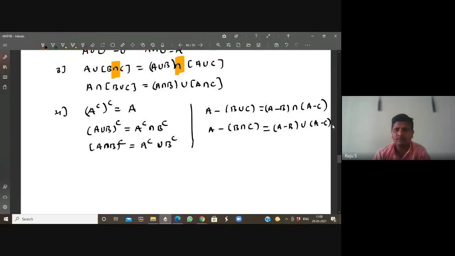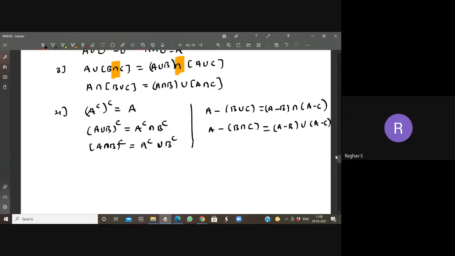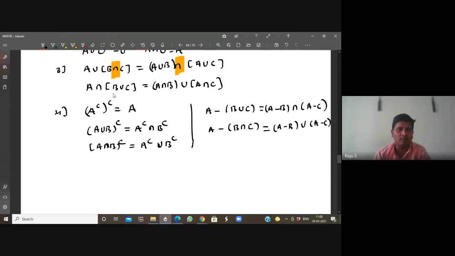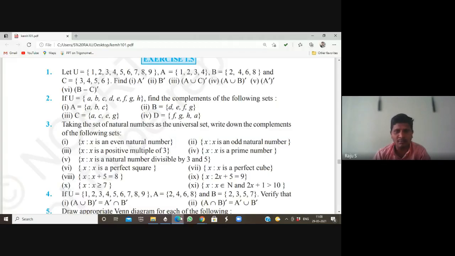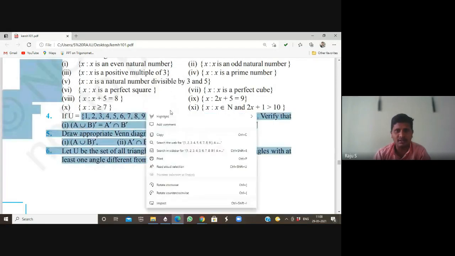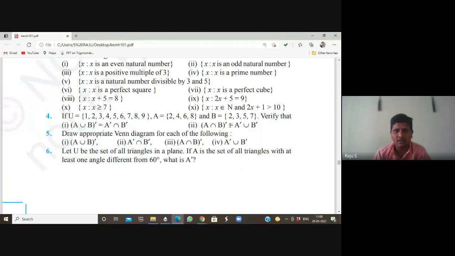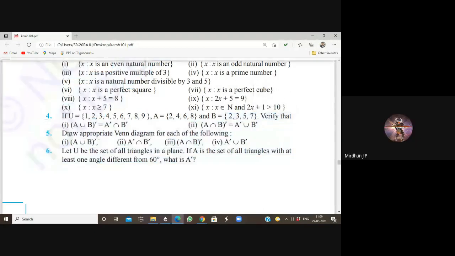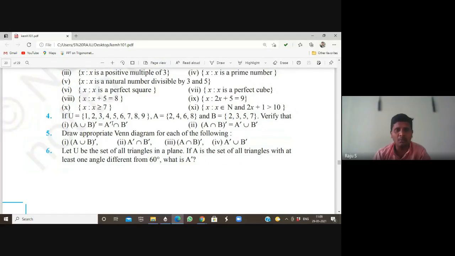These are also De Morgan's laws. Can you give examples for the last four formulas? Yes, we'll do all the examples here. Many examples are there. When you take this as the universal set, this is A, this is B, then (A union B) whole complement is equal to A complement intersection B complement. We can verify that these are the formulas. Let us go one by one.